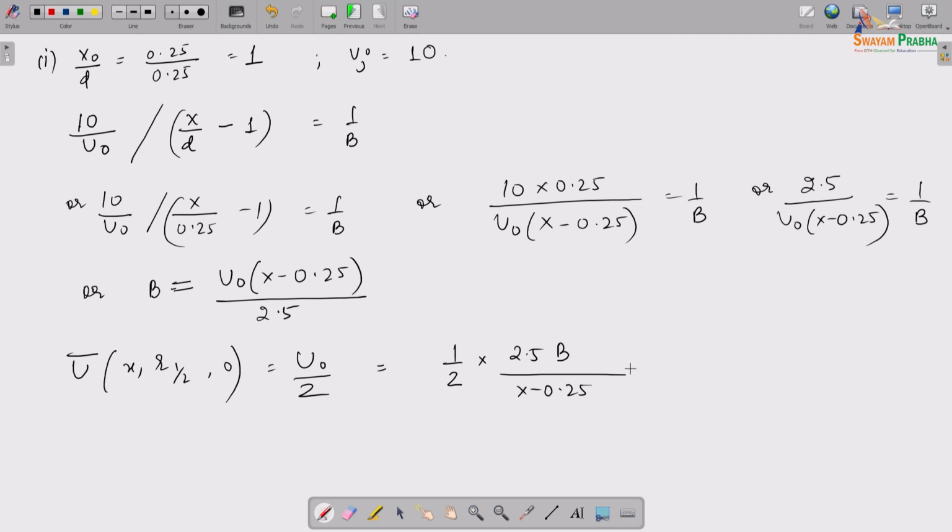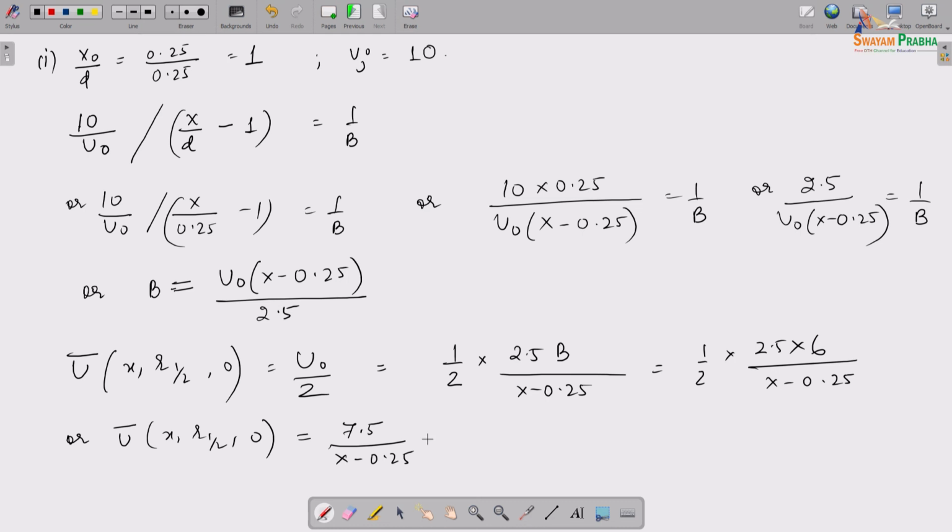So, which is again equal to half into 2.5 into 6 by x minus 0.25. So, u mean x r half 0 is equal to 7.5 by x minus 0.25.